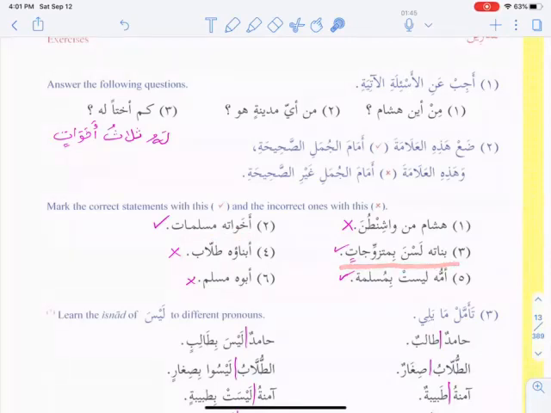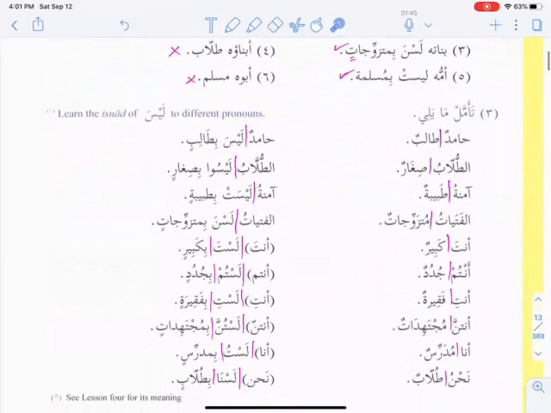Correct. His daughters are not married. Abnauhu tullabun. No, that is wrong. Ummuhu laysat bi muslimatin. That is correct. His mother is not Muslim. Abuhu Muslimun. No, that is also not correct.